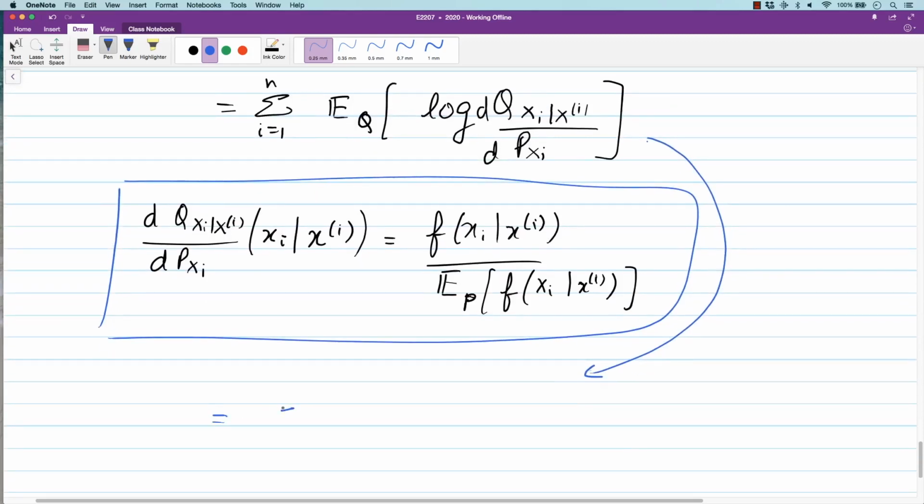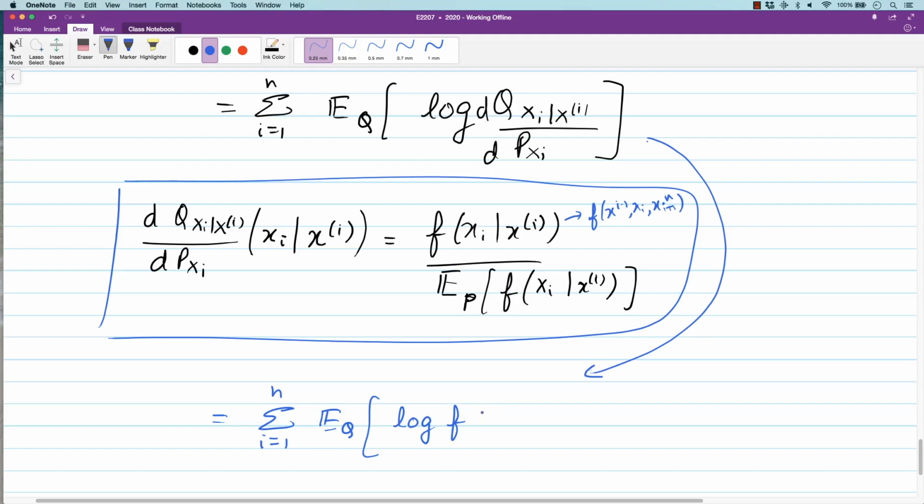And therefore, by observing this guy here, if you continue from this point, this expression here is exactly equal to summation i equal to 1 to n, expected value over q, of log of, I didn't define this notation, this is just my notation for x_1 to x_{i-1}, x_{i+1} to x_n. So you have all the remaining arguments and the ith argument. It's just for convenience.